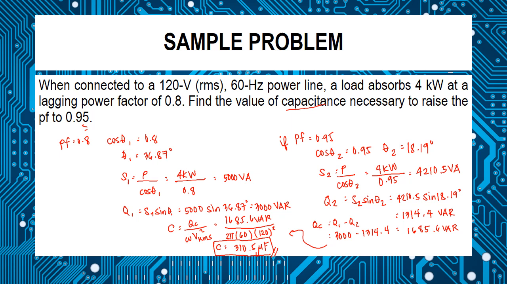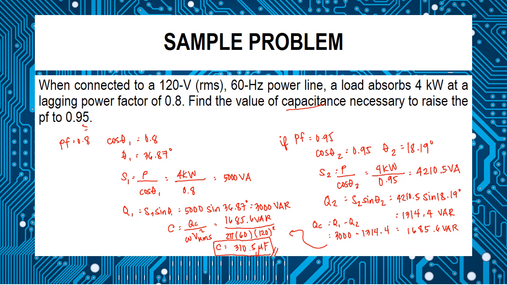So, S2 will be P over cosine theta 2. P will not be changed, so the same 4 kilowatt over 0.95. So, this will be 4210.5 volt-ampere.